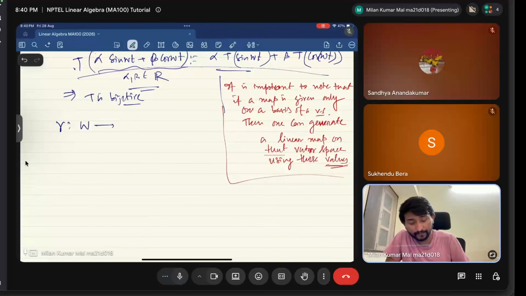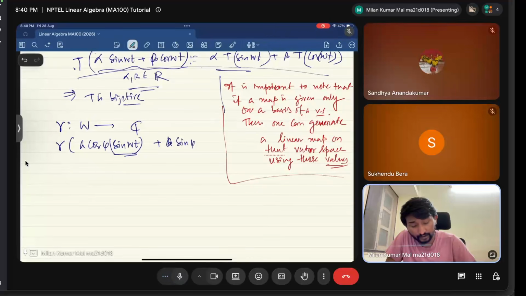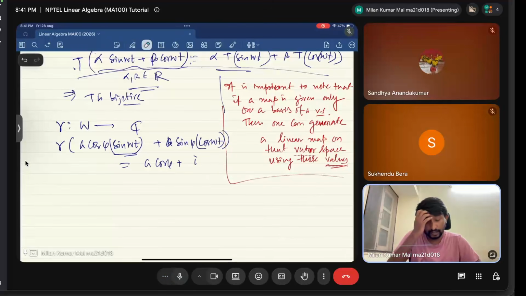Gamma maps A cos phi sin wt plus A sin phi cos wt, that goes to A cos phi plus i of that same map, the T. How can I say this is the same map as T? Basically this is the same map.